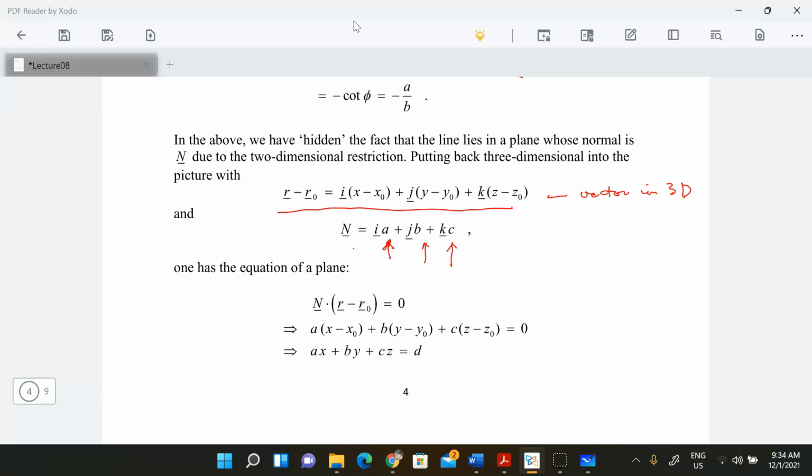Over here, we generalize it to 3D, and you still have the same equation. There will be a normal, and whatever vector inside the plane given by r minus r naught, when you take the dot product, it always gives you 0. So I can simply plug in these two expressions for r minus r naught and n, and we get the equation of the plane.